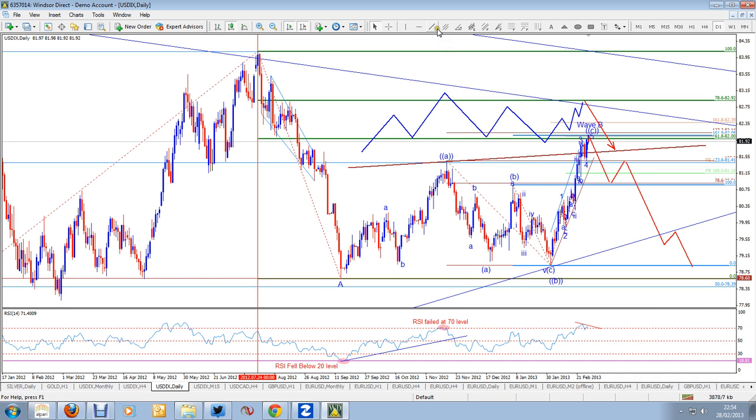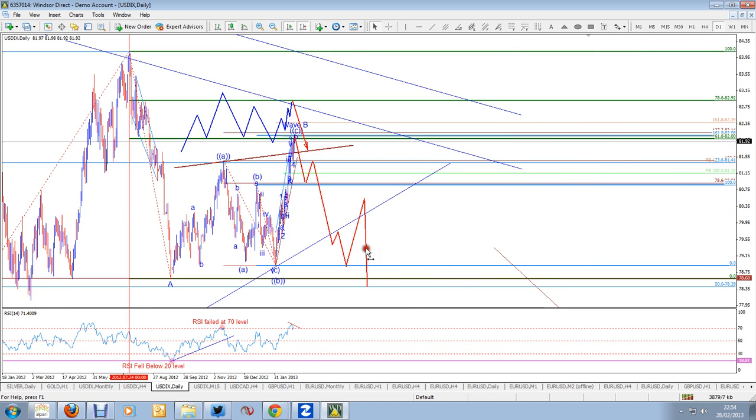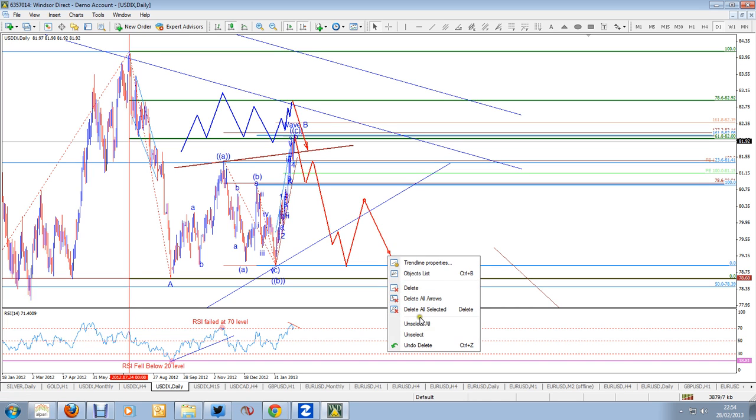And then of course we would expect another ABC rally back up, and then finally commence with a new downtrend like that.